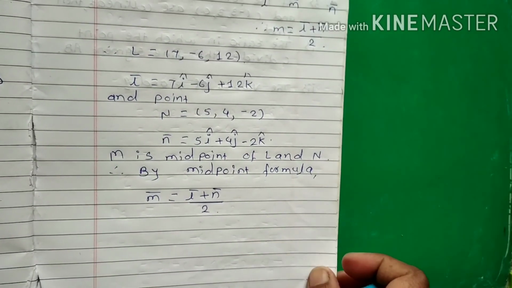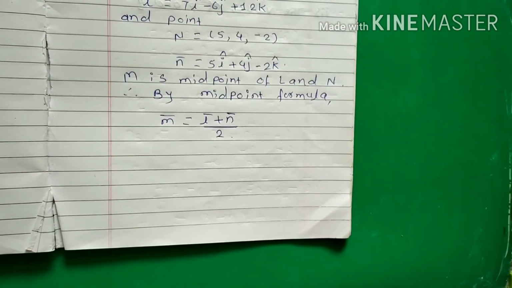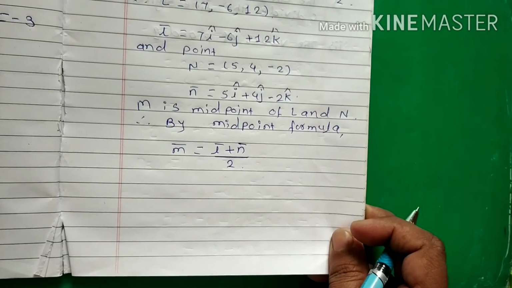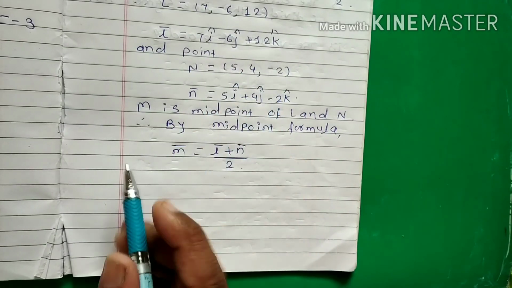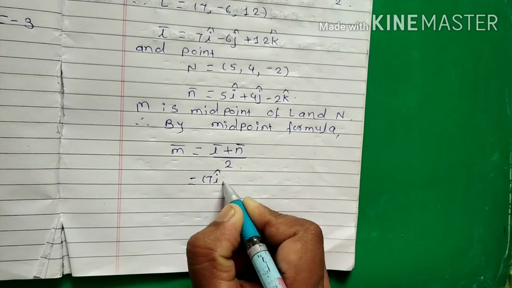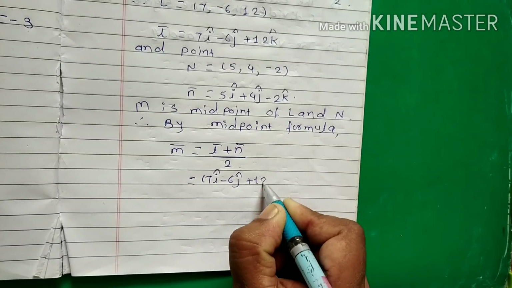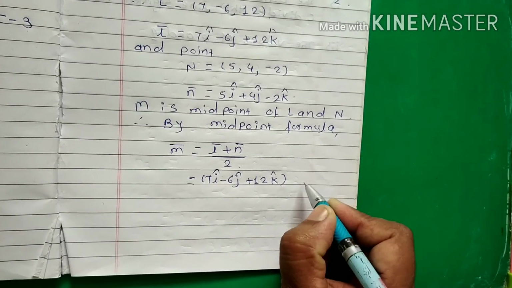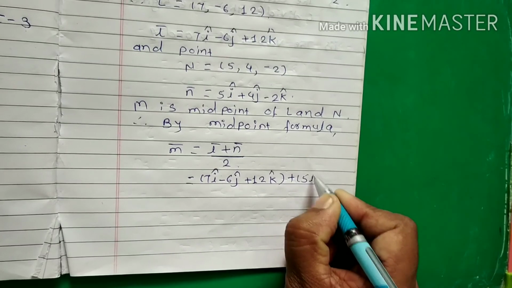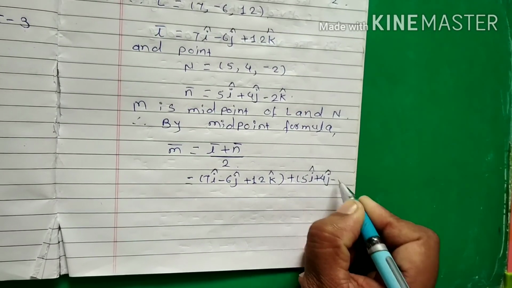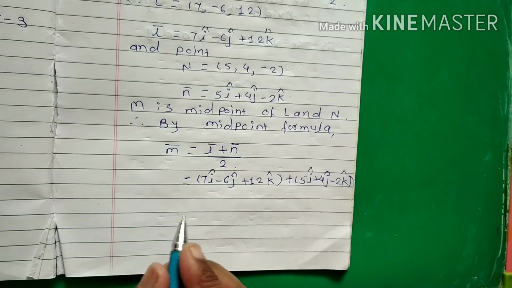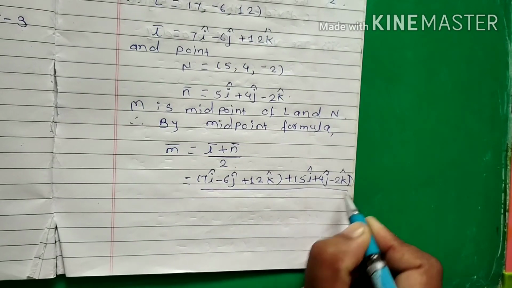Put the values of l bar and n bar: l bar is 7 i cap minus 6 j cap plus 12 k cap, and n bar is 5 i cap plus 4 j cap minus 2 k cap, all divided by 2.